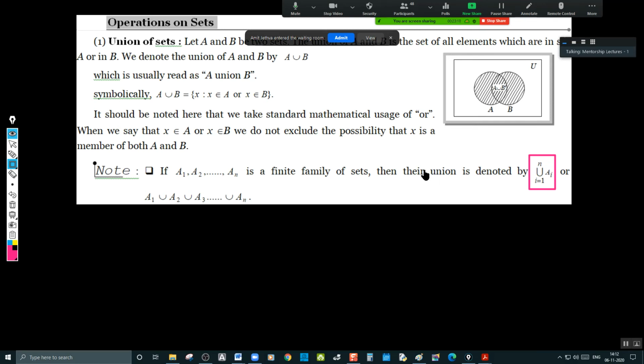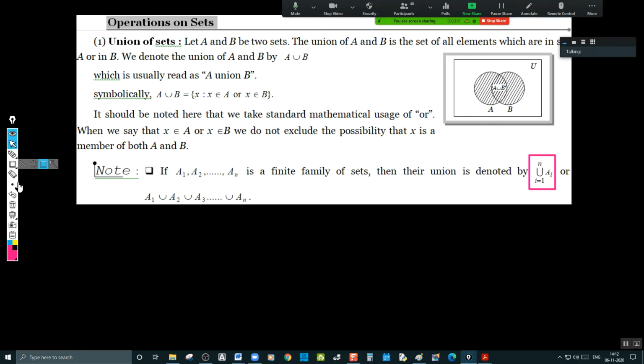In sigma it is summation, and in set theory this is a union symbol. This is the packed form of all the A1 to An union of sets.